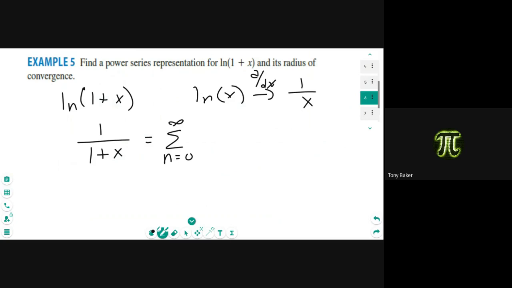We turn 1 plus x into... Okay, which we will then pull the negative 1 out. So that's that. Correct?